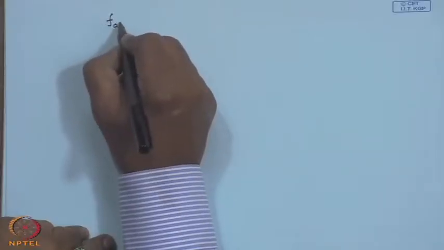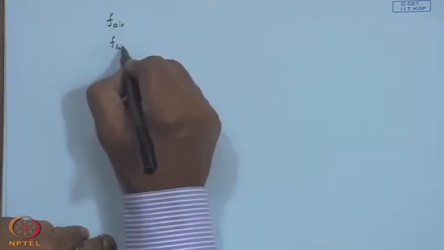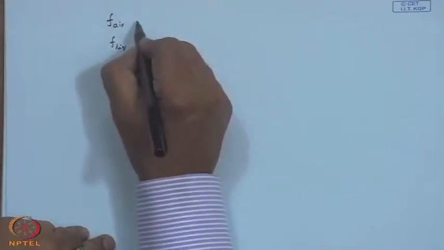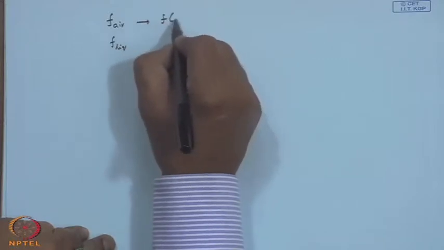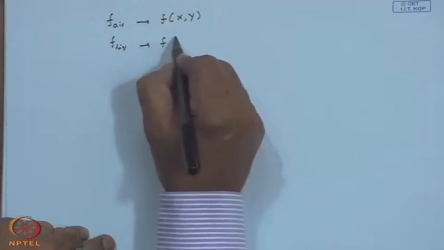So, now if you combine, F air for an air based system and F liquid for a liquid based system have been correlated in terms of 2 non-dimensional variables x and y.